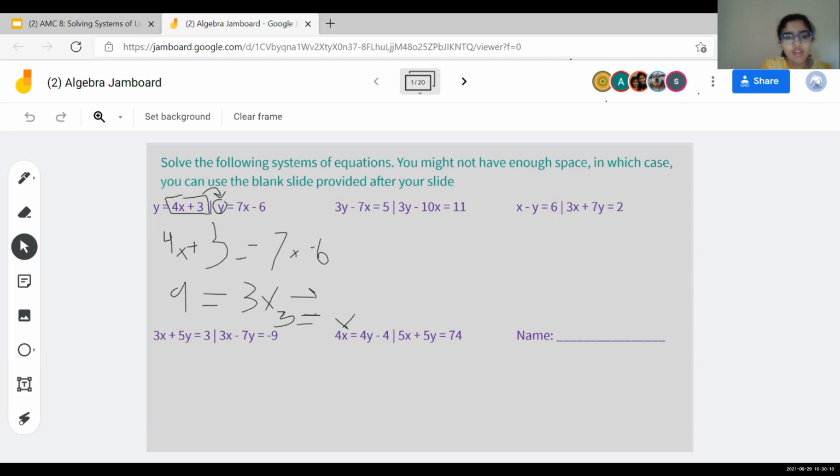So 15 is equal to y, and since 15 is equal to y, we can now get our coordinate point to be (3, 15) as our answer.